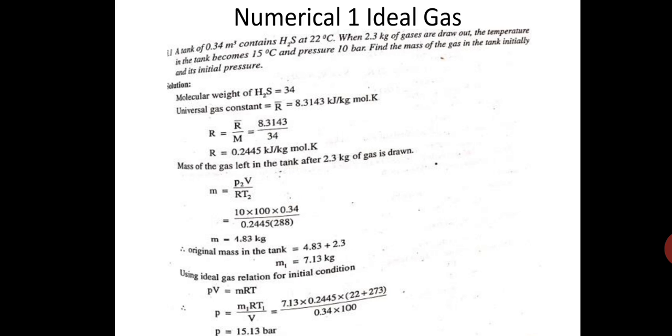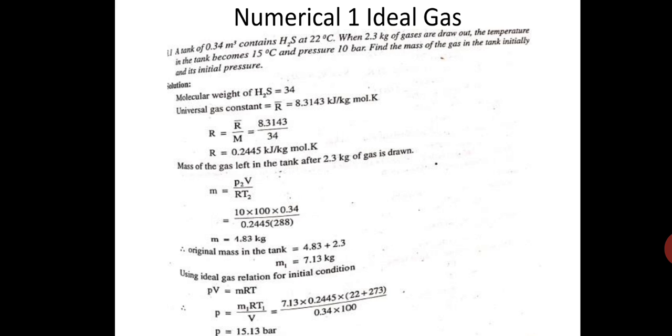In ascending order, you can remember 1, 12, 14, 16, 32. So 1 is hydrogen, 12 is carbon, 14 is nitrogen, 16 is oxygen, and 32 is sulfur. So here H2S means 2 plus 32, that is 34.